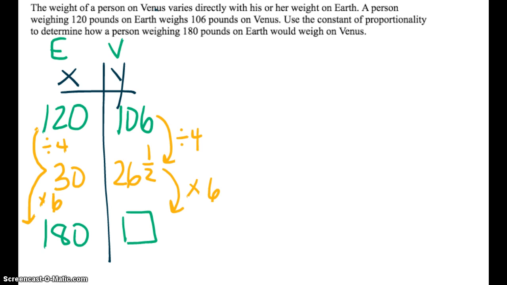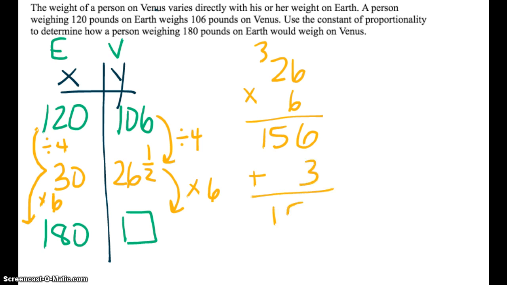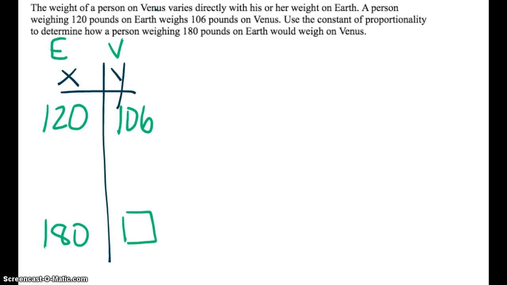So I could then say 26 times 6, that's 156. And then half of 6 is 3, so I have to add 3 more. So 159. So I could use just what I know about proportionality to get 159, or I could use my constant of proportionality. Or we could do what the problem asks us to do, which is to use the constant of proportionality.